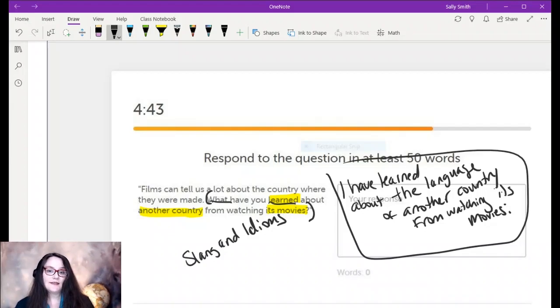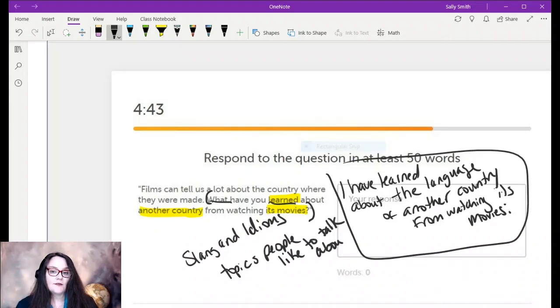I need to think of something else to say. Maybe I'll say conversations people enjoy or topics people talk about. So that's very cultural. So in the United States, people try to avoid politics, but in some countries, people love talking about politics. So I may pick that.